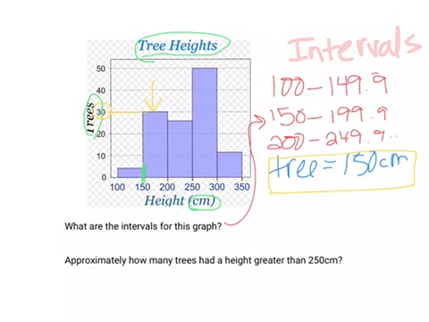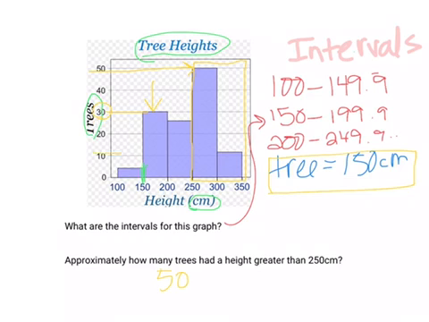Our second question, approximately how many trees had a height greater than 250 centimeters? Well, greater than 250 centimeters are going to be these two intervals. So my first bar shows me that there were 50 trees between 200 to 299.